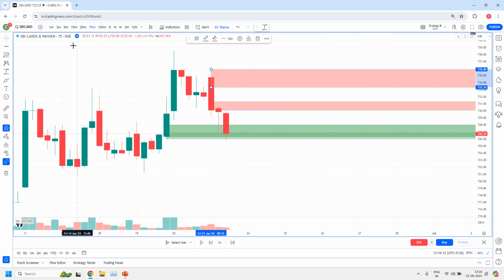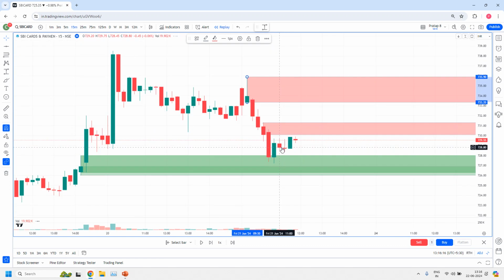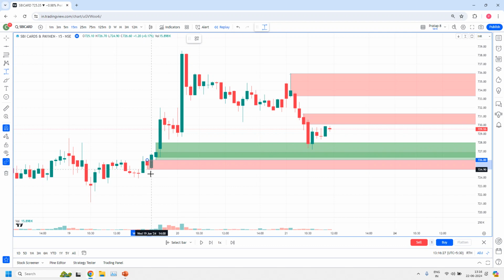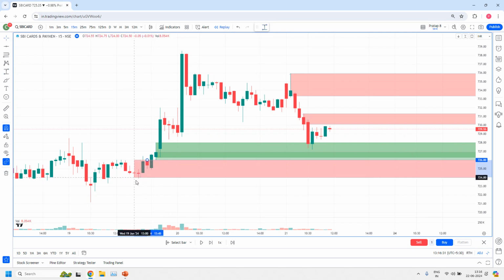But here there could be a 15-minute zone within this area, might be there, below this. See here you have a rally, base, rally, LOTL zone is there. And also there is one more here, drop, base, rally.